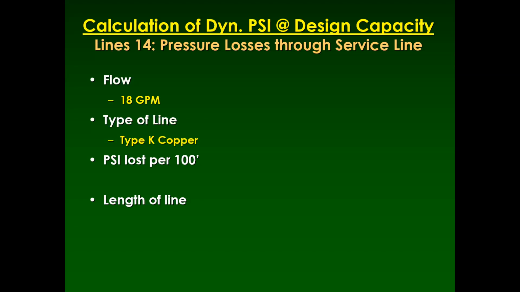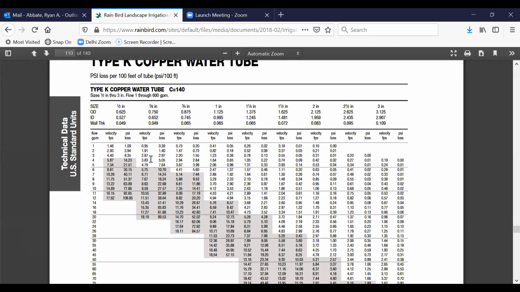So if we go back to our type K copper chart, we know that it's 1 inch. Our flow is 18 gallons per minute. So our pressure loss is 10.47 PSI. We want to keep that number, that 10.47 PSI.